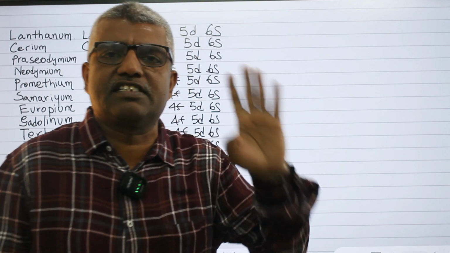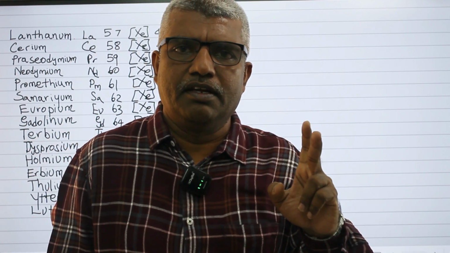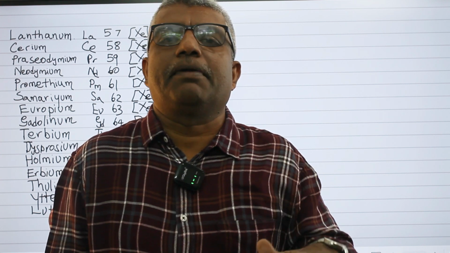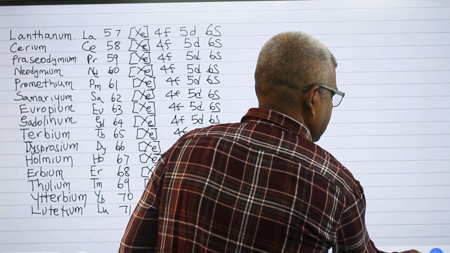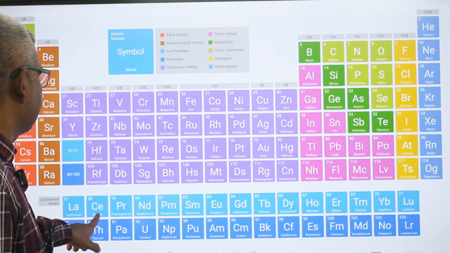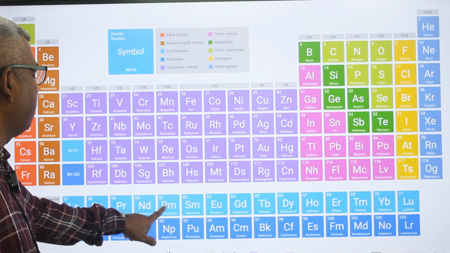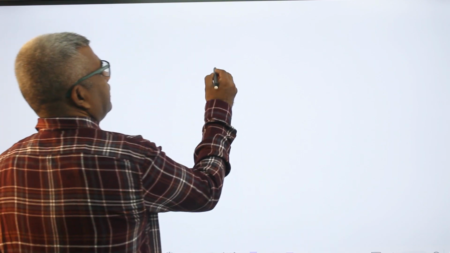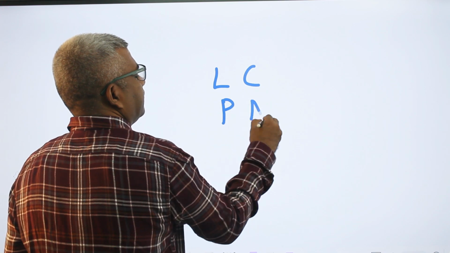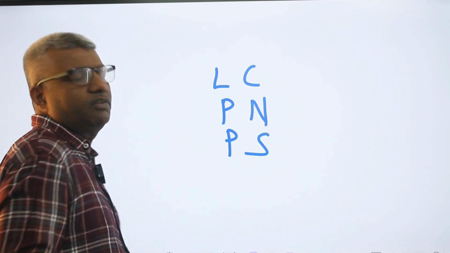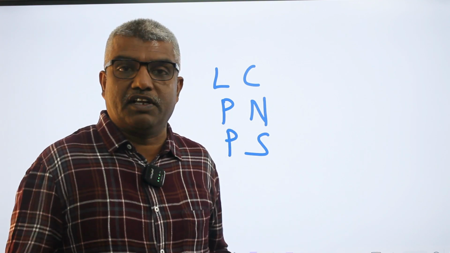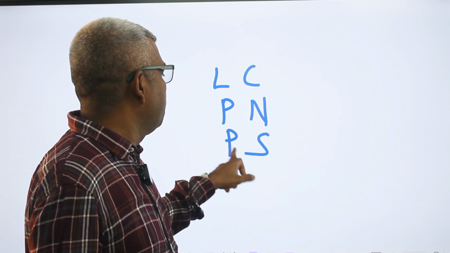Just memorize these 6 elements first. You can use any code words or abbreviations that are very easy for you to remember and recall, like LC, P, N, P, S.